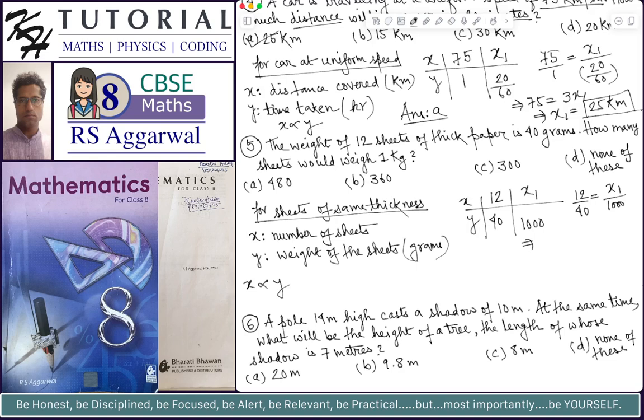This implies x1 is equal to 1000 multiplied by 12 divided by 40. So this is equal to 300. So the weight of 300 sheets will be 1 kg. So the answer is choice C.